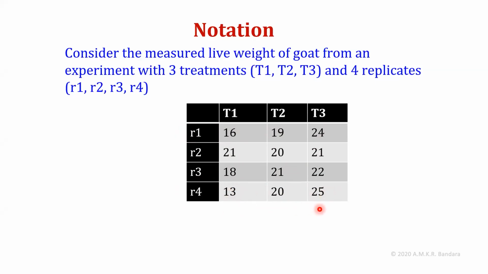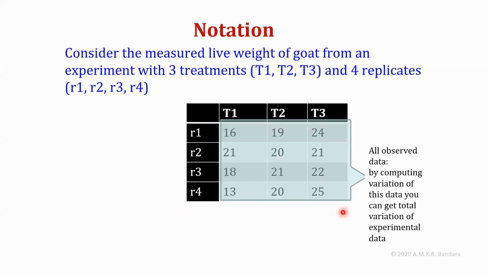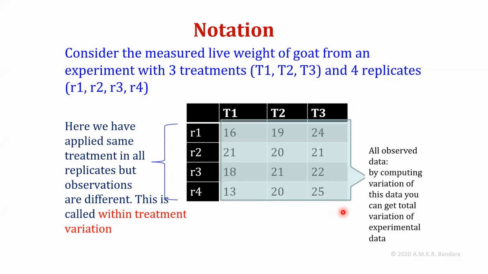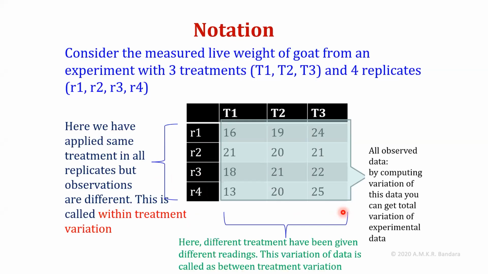So from ANOVA, the total variation of the observation can be divided into within treatment variation and between treatment variation. This is the within treatment variation. This is the between treatment variation.